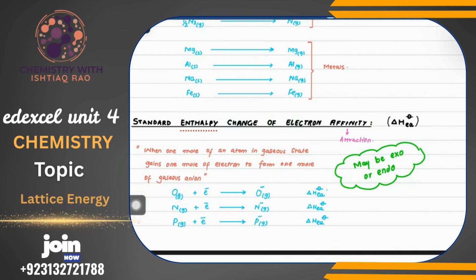Like let's say it's oxygen. When it gains electrons, it forms an oxide. Nitrogen gains electrons to form nitride. Phosphorus gains electrons to form phosphide. So it depends upon how many electrons the element is going to gain to convert from the normal state to the anionic state.